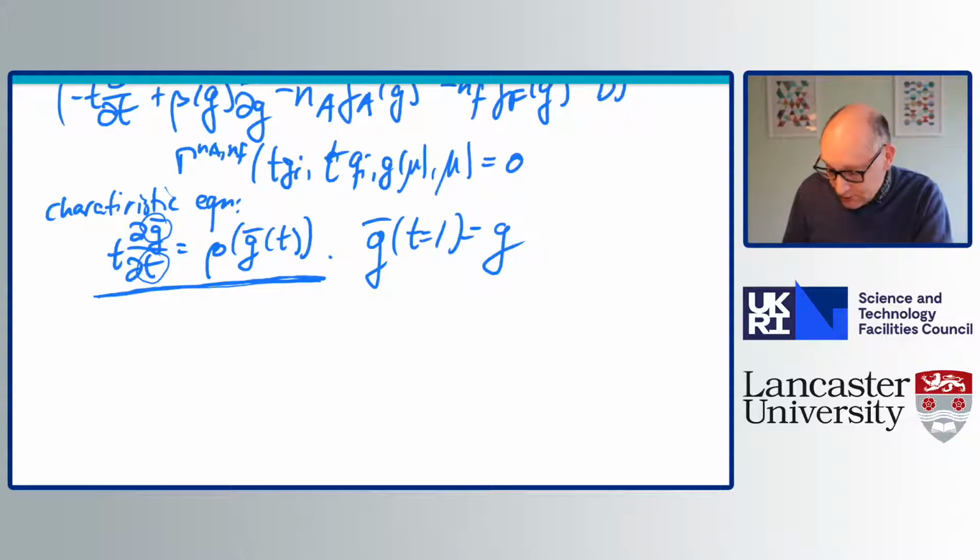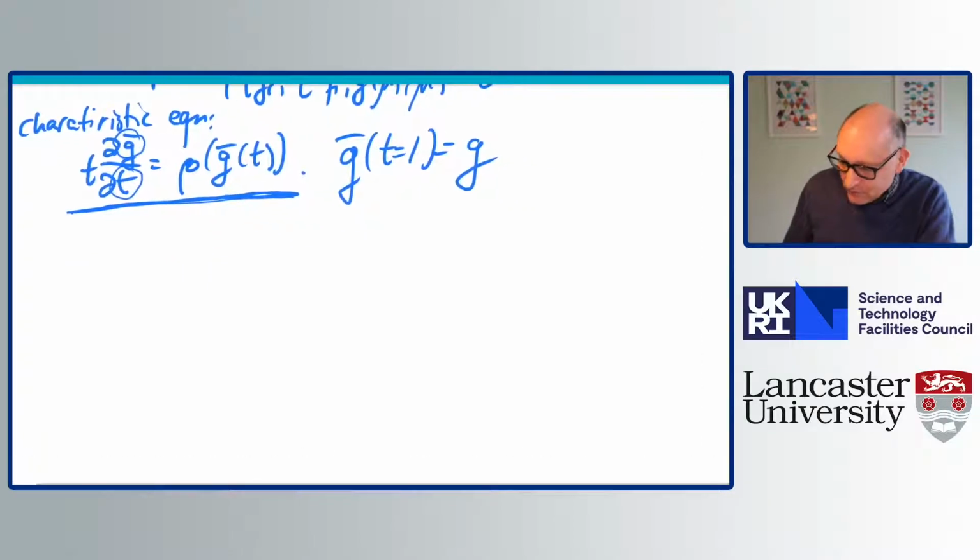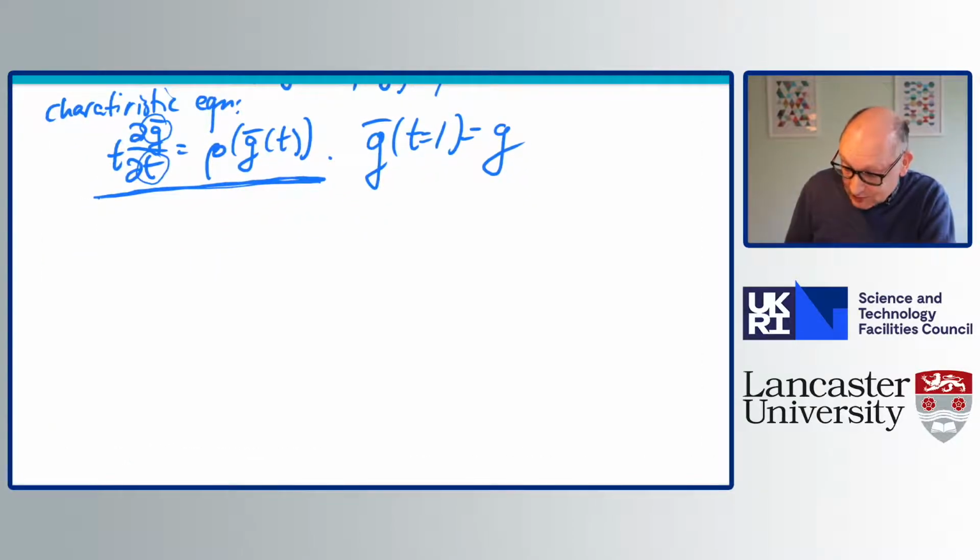So a prediction of the uncomfortable ultraviolet feature of loop corrections is that the coupling will depend on the energy. Now that's true as well for QED, but the coupling in QCD has a different dependence than that of QED.